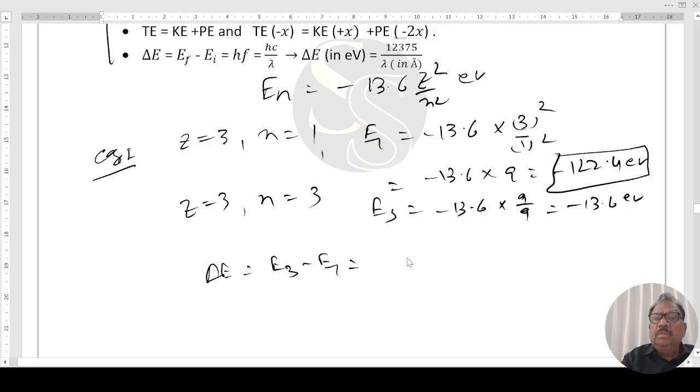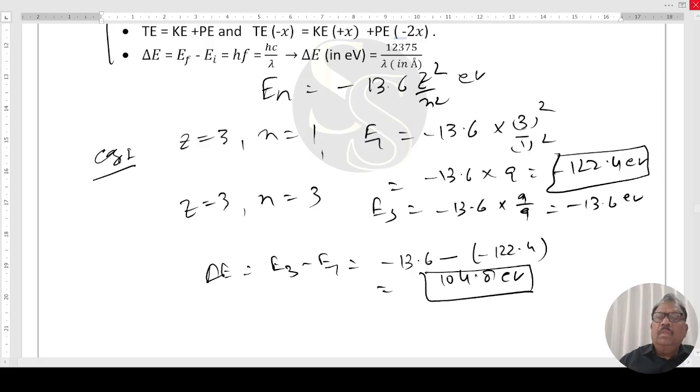That comes out to be minus 13.6 minus 122.4. On simplification, this comes out to be 104.8 eV.